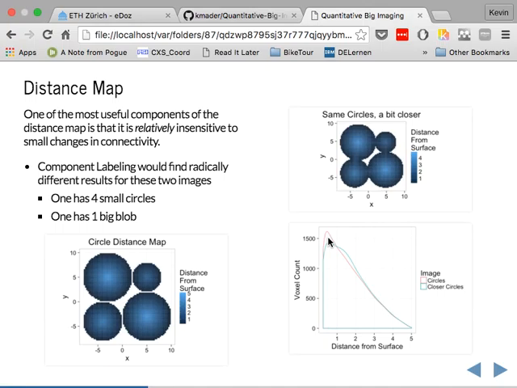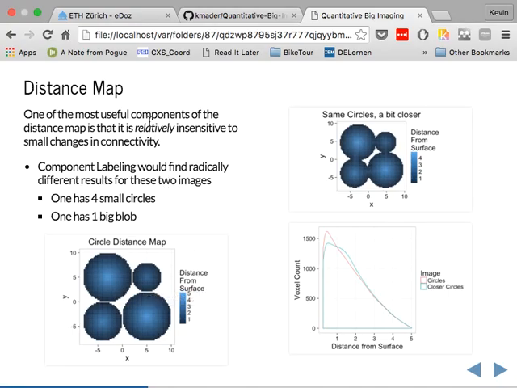But looking at the histogram itself isn't very helpful because it has a huge range of values. What we'd like to see would be maybe four peaks that would let us know there were four objects, and those are the radii of the four objects we have. But we don't see that with this histogram. We just see a smooth distribution.